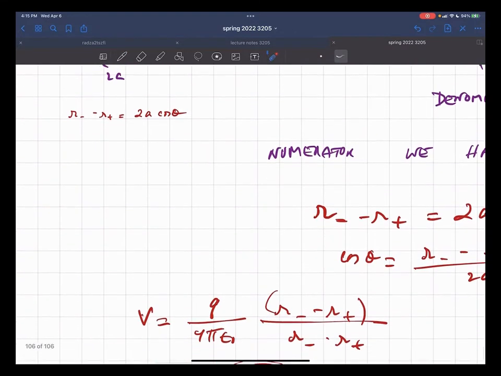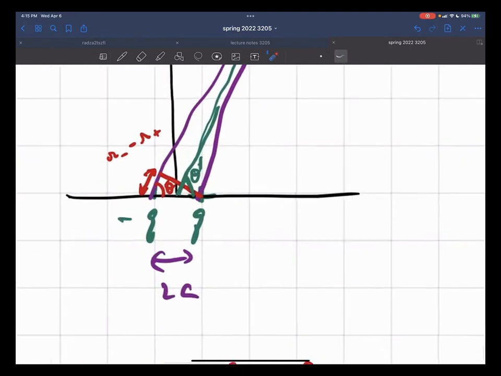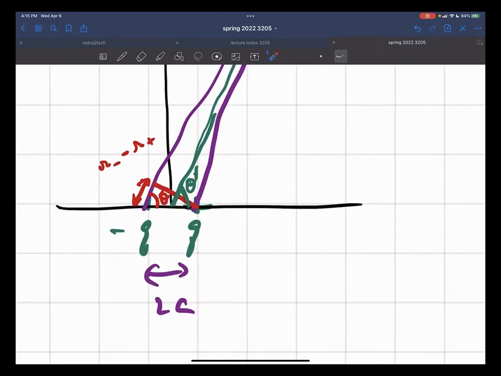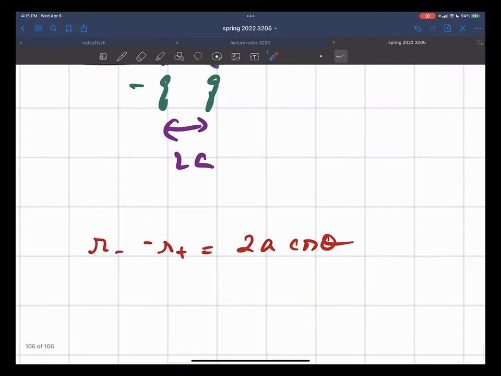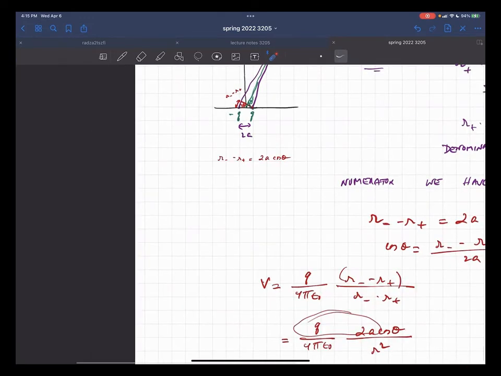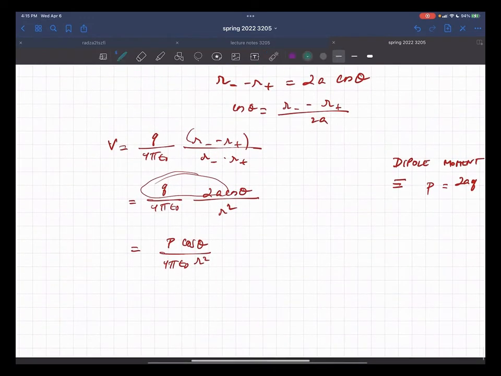This is saying that if you're far away from this point, this angle and this angle are about the same. I'll call that a claim that far from the dipole, theta prime is equal to theta.